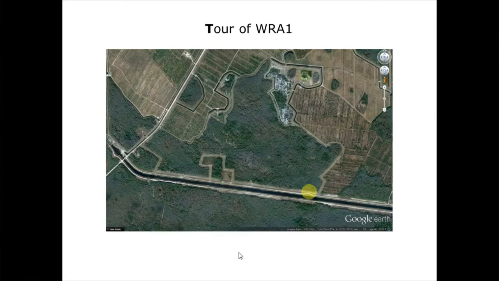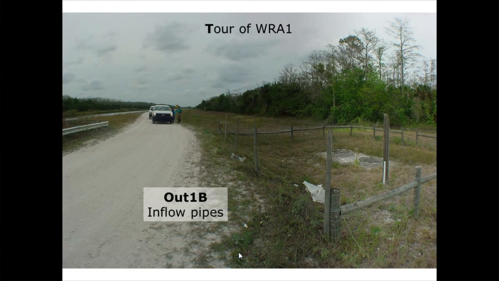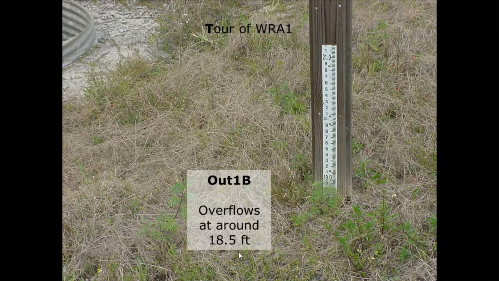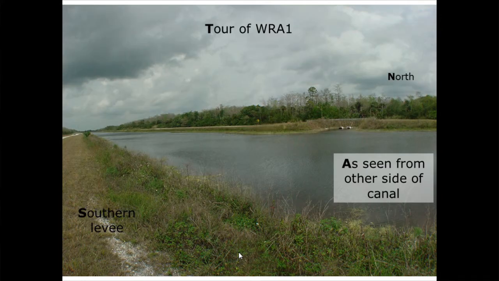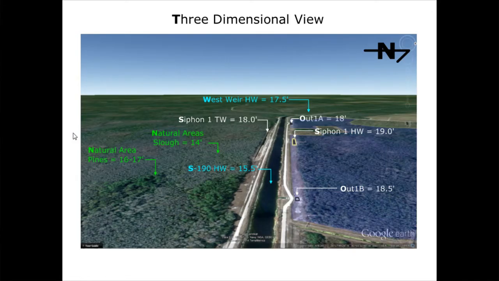And then finally at the eastern end there's outfall 1B, and 1B, from what I could gauge, looked like it overflowed at around 18.5 feet. And again, this is on the south bank. Out 1A and out 1B discharge right into the West Feeder Canal, whereas the siphon discharges under the canal and to the outfall on the other side.